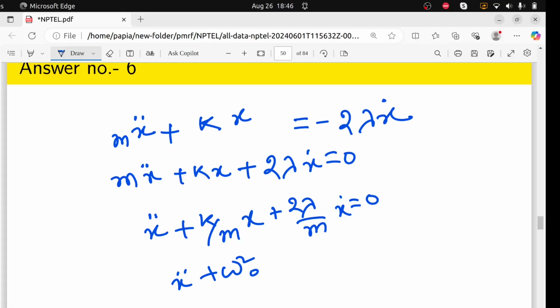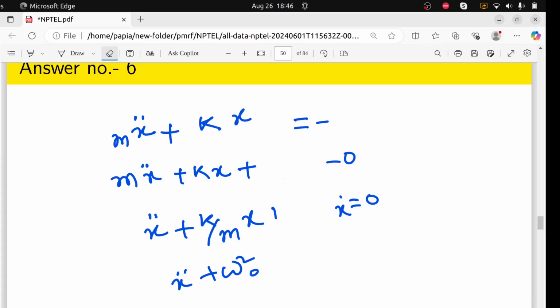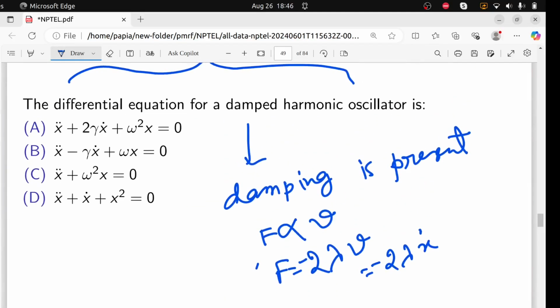This is proportional to v, so that means something into x dot.